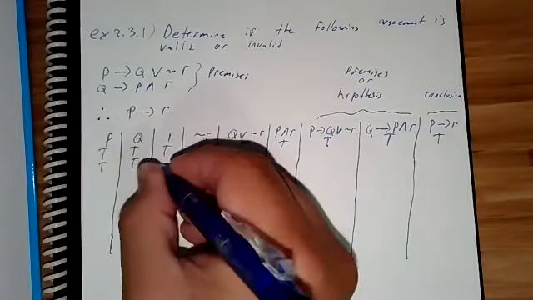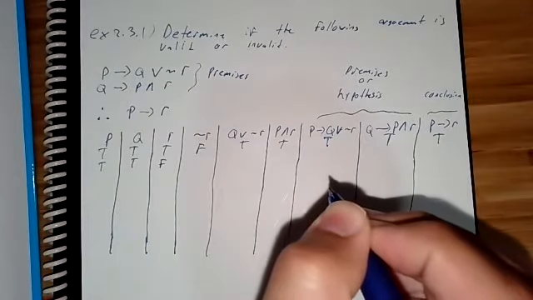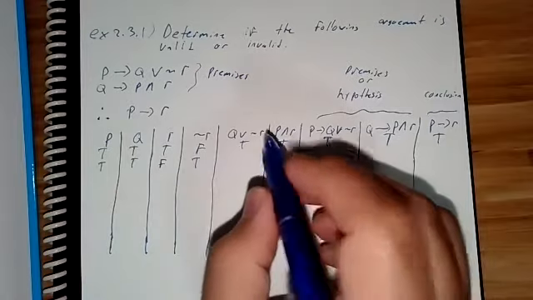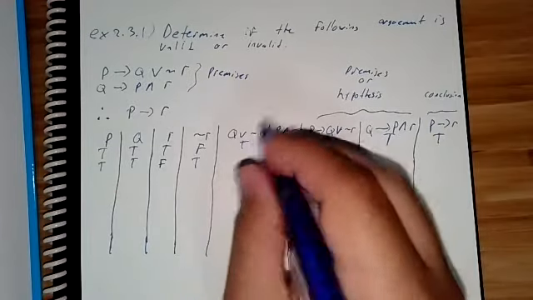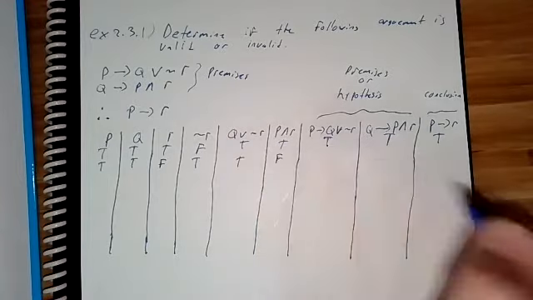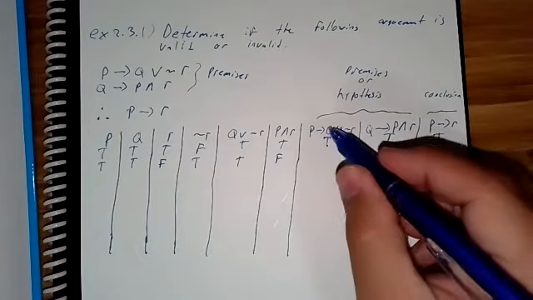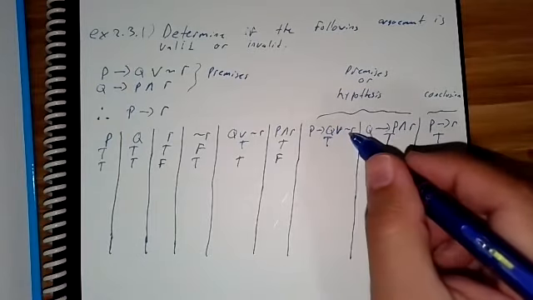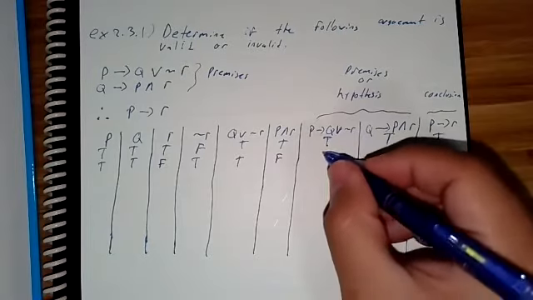True, false. Not true, not false is true. True or true. True and false. There you go. P implies Q, so true implies true, that's still fine.